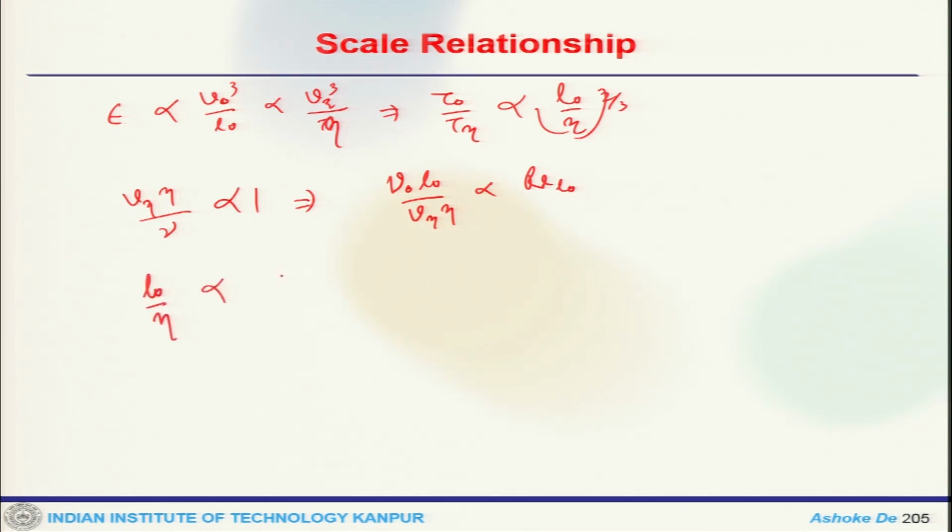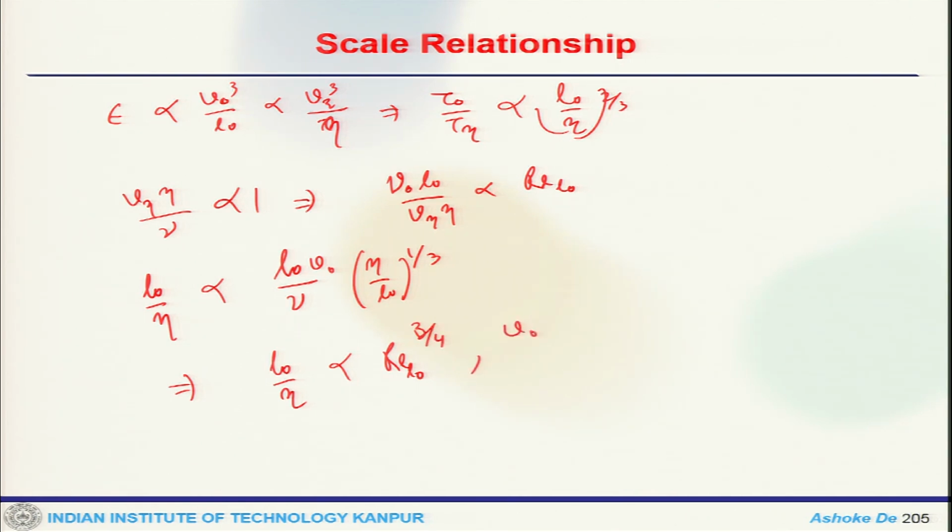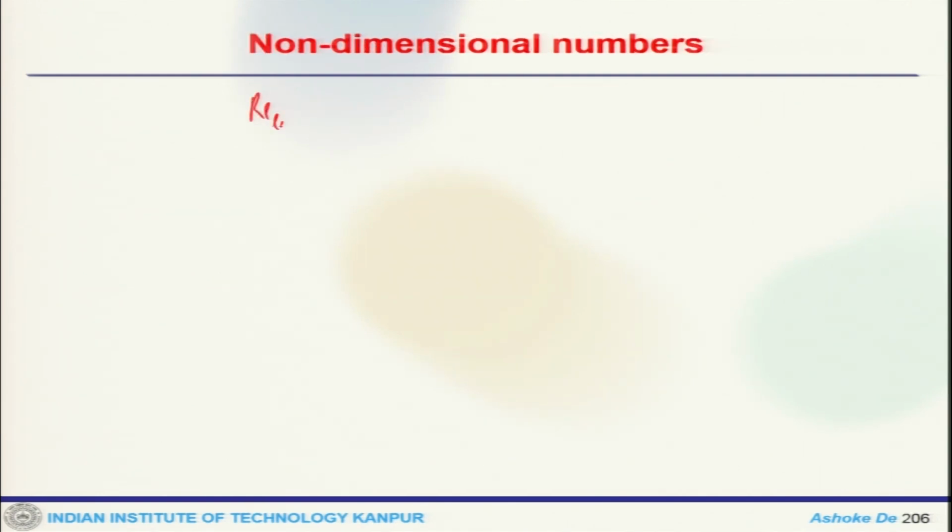Similarly, L naught by eta is proportional to Re L naught to the power 3/4, V naught by V eta is Re L naught to the power 1/4, and tau naught by tau eta is Re L naught to the power half. This is a recapitulation, because we have done it in the turbulence discussion. Re L naught is nothing but V naught L naught by nu.